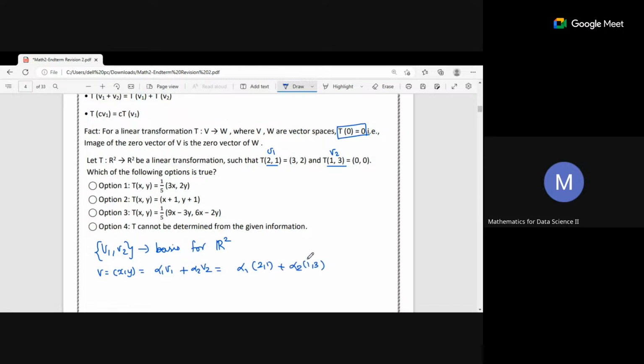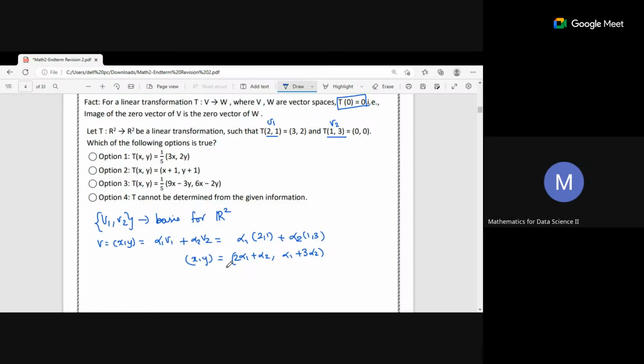So what are alpha 1 and alpha 2 for (x, y)? It is (2 alpha 1 plus alpha 2, alpha 1 plus 3 alpha 2). So what are your alpha 1 and alpha 2 in terms of x and y? How do you do that? You have to solve the system of equations, right? So if you solve them, what will you get?